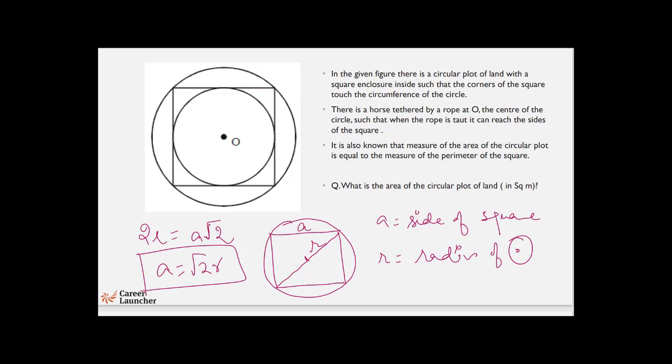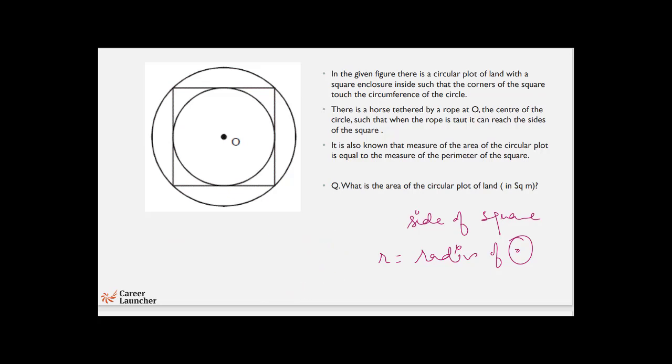There's one more standard result which I feel you should keep with you, and whenever there's a condition where you can apply it, you should go ahead and apply it.